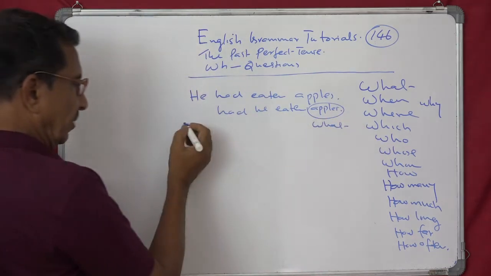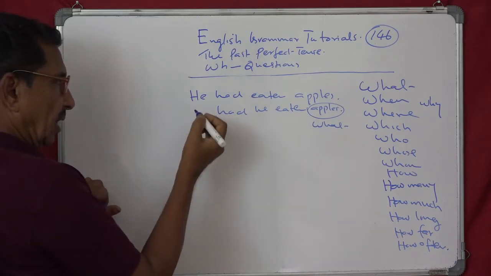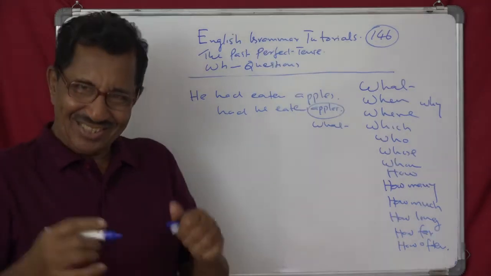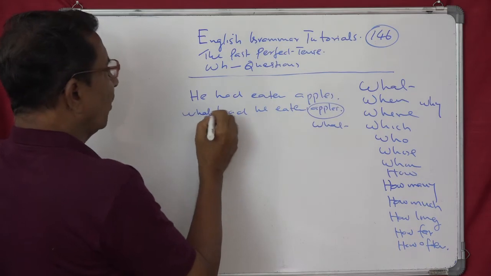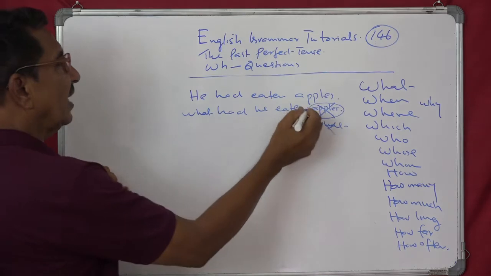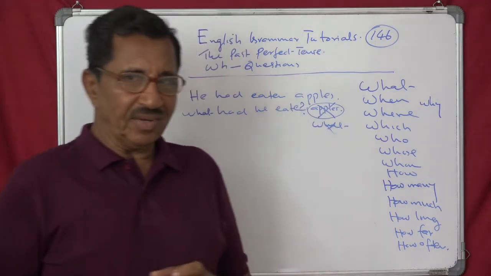Bring the question word to the front and start the question with the question word. So that will be: what had he eaten? And then you will get the answer, apples. So this is the principle, very simple.